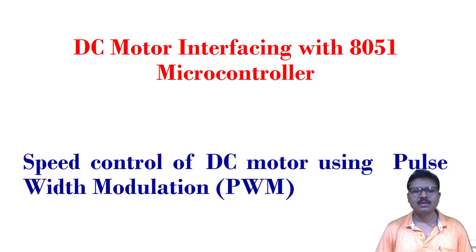Control means increasing or decreasing. We can increase the average power for increasing the speed of DC motor, and for decreasing the speed we decrease the average power. That average power can be controlled by using the pulse width modulation, PWM.